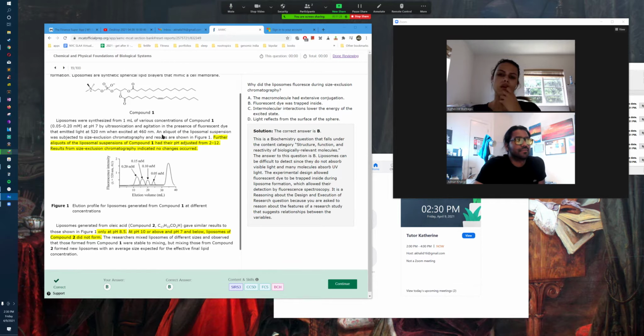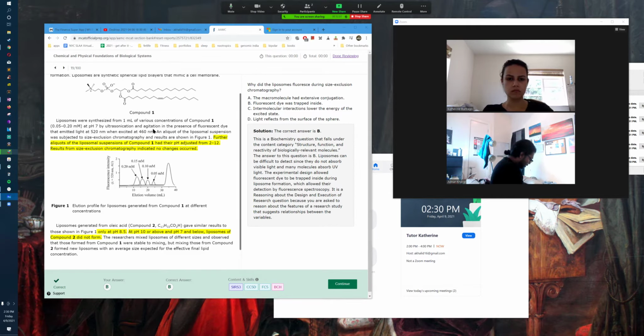Okay. How about light reflects from the surface of the sphere? That wouldn't be the same as fluorescing. Light could possibly reflect from the surface of a liposome, but they're asking about fluorescing, specifically at 520 nanometers, and they talk about it being done with the fluorescent dye.